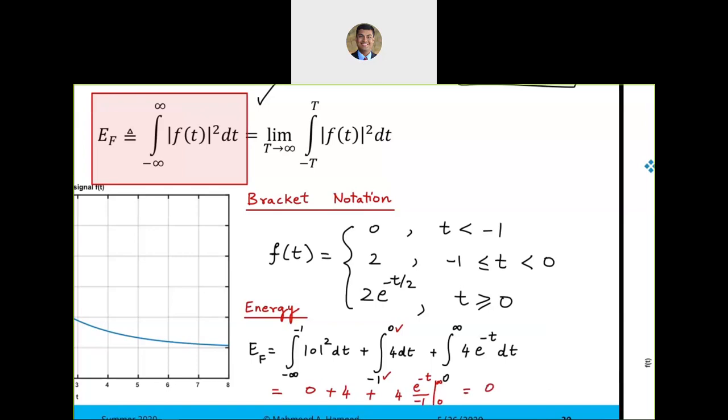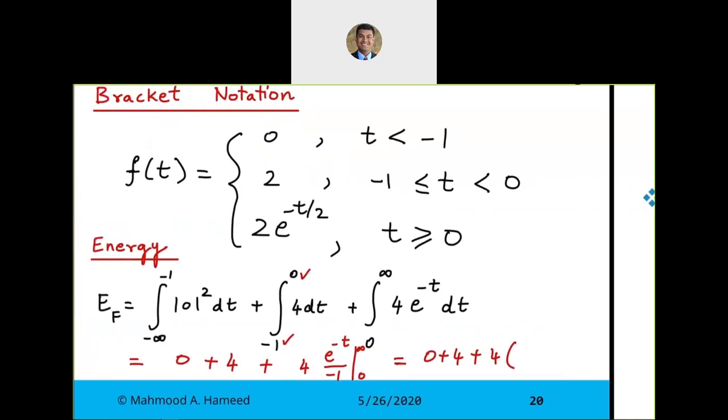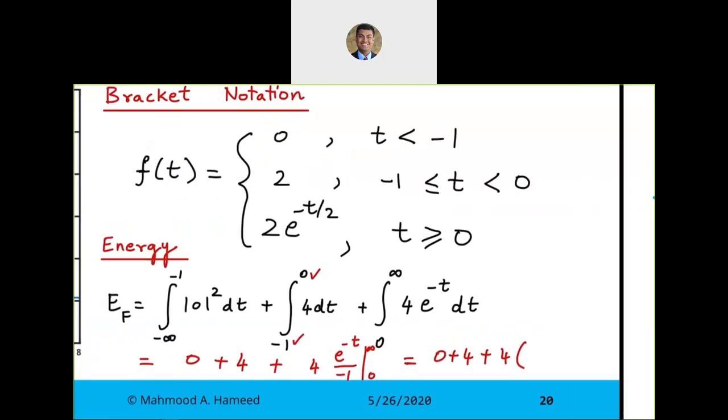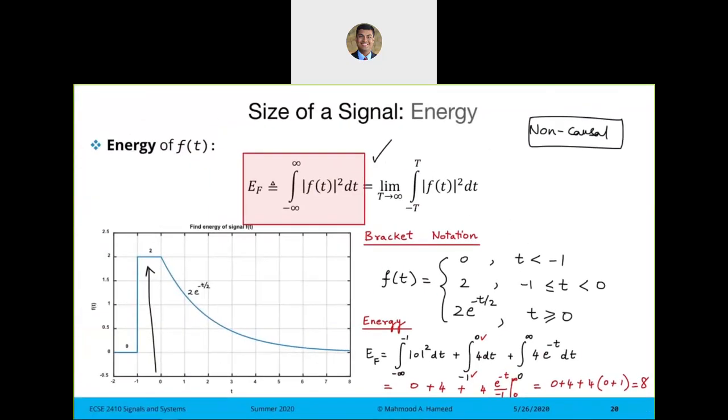I've got 0 plus 4 plus 4 times e to the negative infinity, which will be 0, plus 1. So 8. The energy of this particular signal is 8 units.